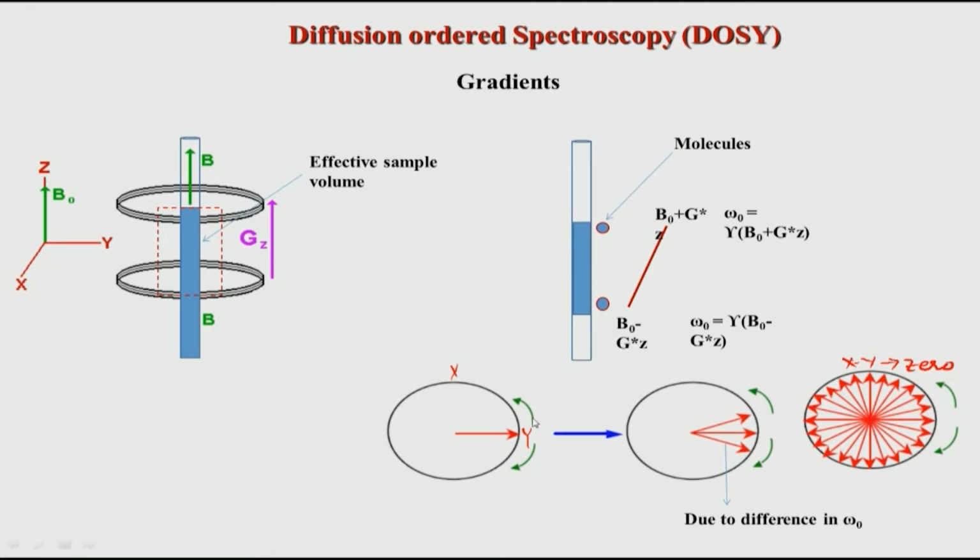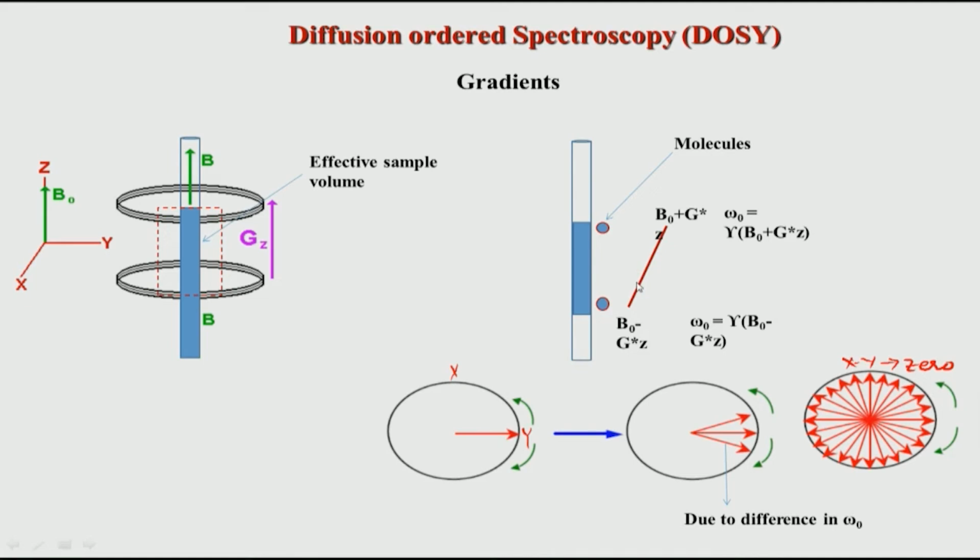So, when I apply a pulse, the signal will first come to the xy plane. Now, because of the gradient, the different molecules will start precessing not at one frequency, but at different frequencies created by this gradient. The same molecule which was all phased together now starts dephasing at different speeds, because each molecule along the sample has a different precessional frequency.